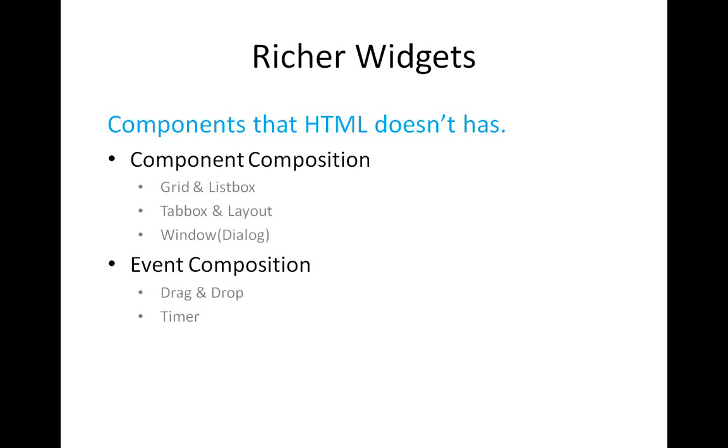About richer widgets, native HTML elements don't have some very complex component compositions like grid and list box. If you have some experience in ZK, then you know these are two major collection components in ZK.